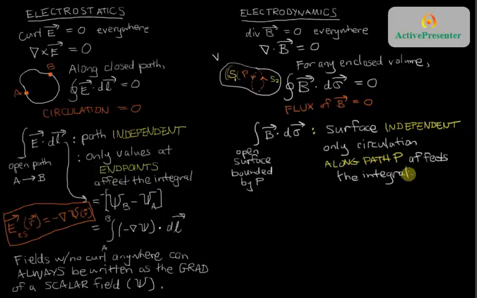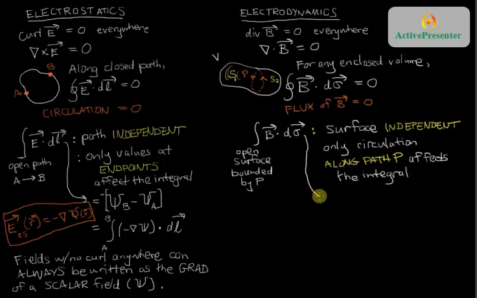So we're in a slightly higher dimension here than we were before, but the logic is the same: the only thing that can affect this surface area integral is how something behaves right along this edge path. It's the only thing that all of those surfaces have in common, just like the only thing that all these possible paths from A to B have in common are the endpoints A and B. The only thing that all of these possible surface integrals have in common is their edge path P. So the only thing that can affect this integral is the way some vector field points along that path.